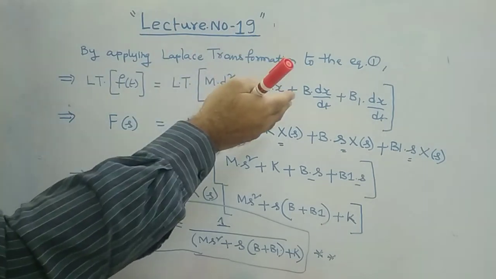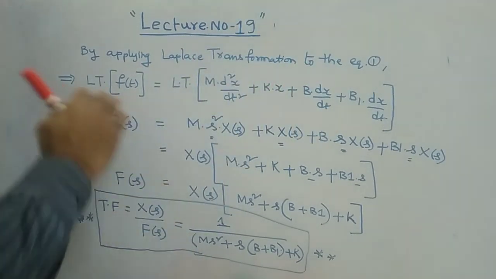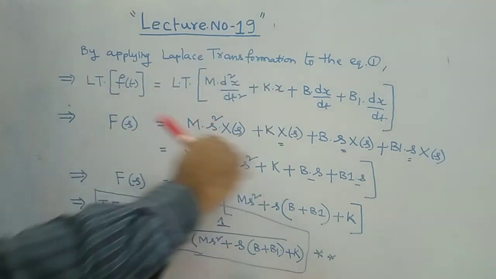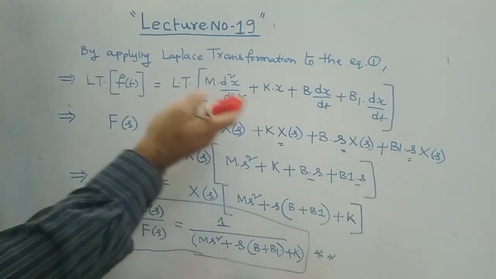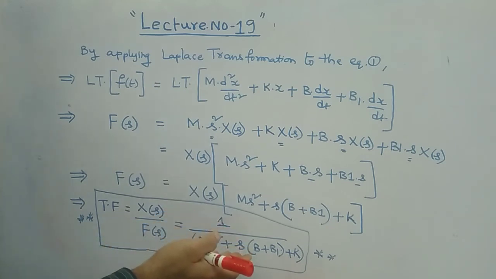F(t) is equal to the sum of all the forces, and that itself is called the differential equation. For that, you apply the Laplace transformation, and finally you will get the ratio X(s) by F(s). This is the transfer function.